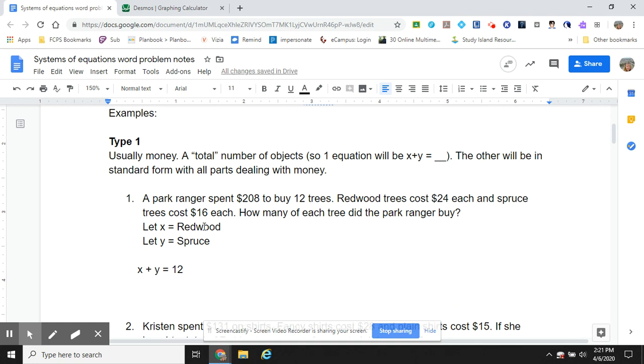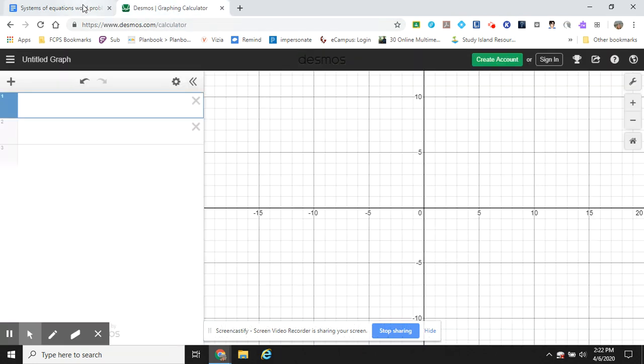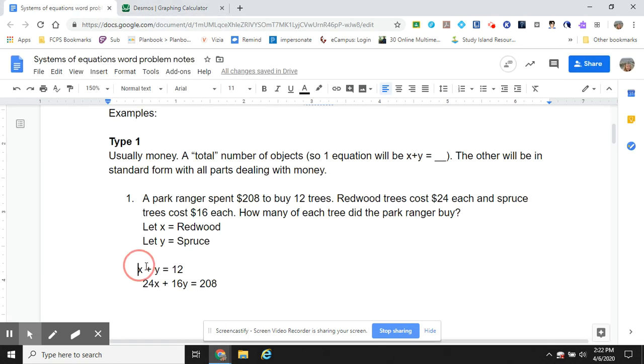Now my second equation is all money. It says $24 for redwood trees, so that would be 24x, plus $16 for spruce trees, which is 16y, equals 208.